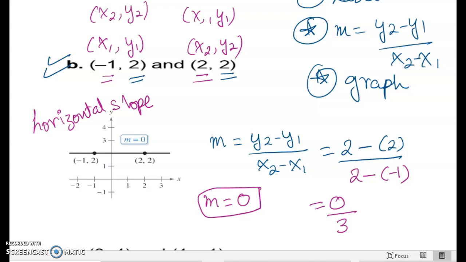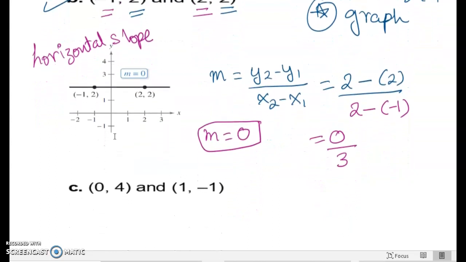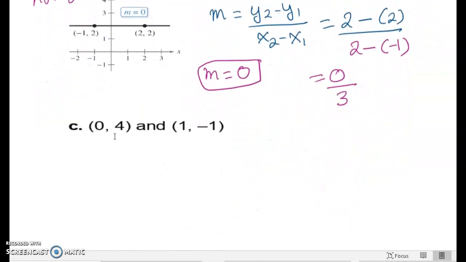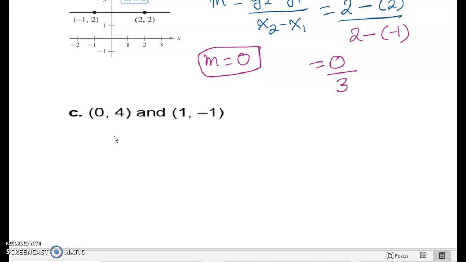Okay, let's try one more. First thing first, label it: x1, y1, x2, y2. Find the slope. I will plug in all the values again. y2 is negative 1 minus y1 is 4.